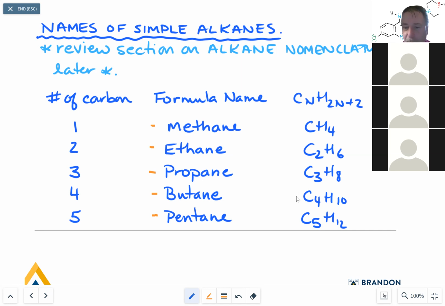With three, it's propane. With four, it's butane. And five, it's pentane. With six, it would be hexane, heptane, octane, nonane. But really, for what we're interested in, it's these five which are the super important ones. And what we're going to see is that smaller fragments of these are common in organic chemistry. So that's why these names are the ones you will really want to keep in mind.